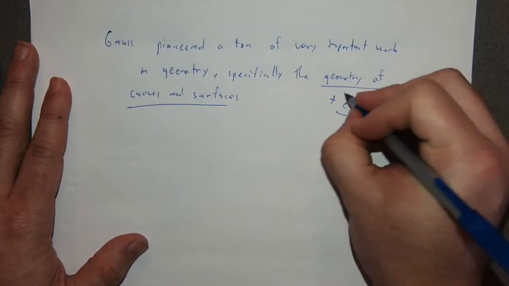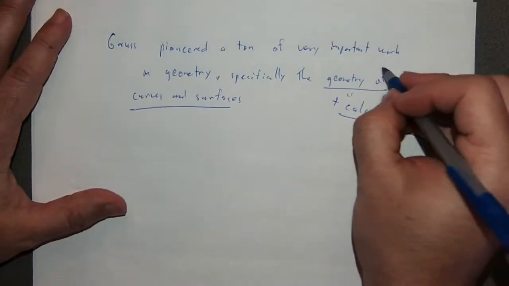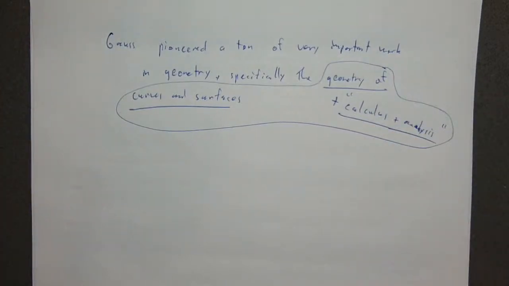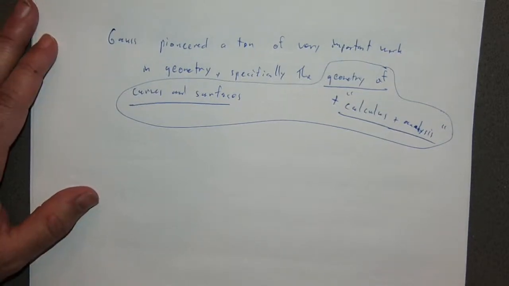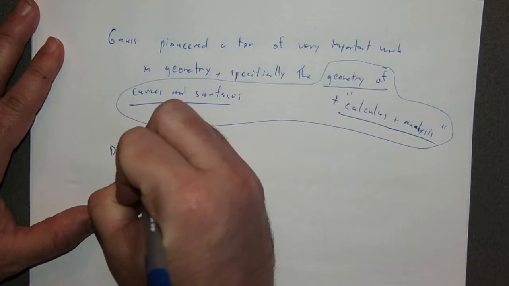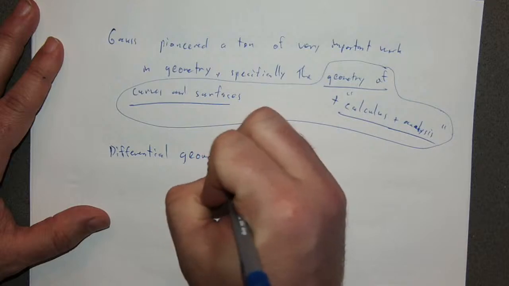What we call this subject, this amalgamation of classical geometry together with calculus and absolutely everything that we know about these quantities, is differential geometry. So Gauss was kind of the pioneer of differential geometry.